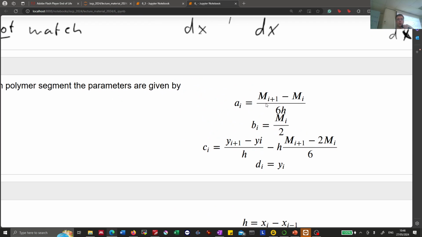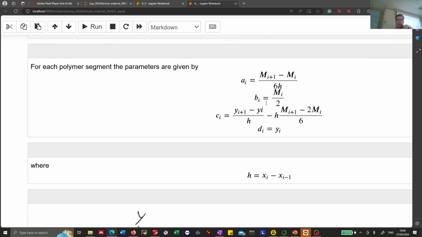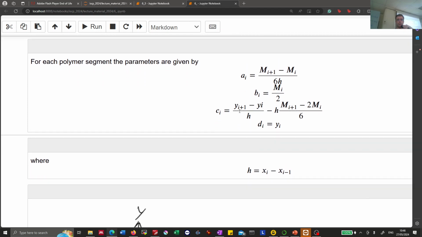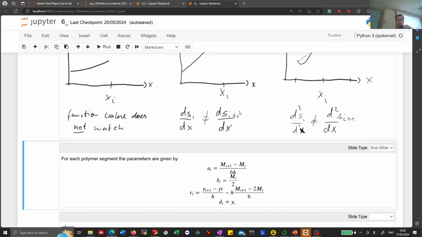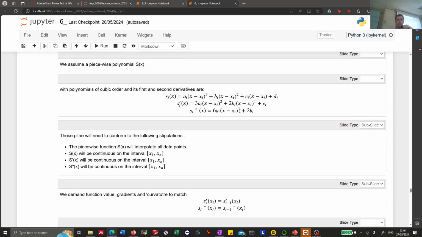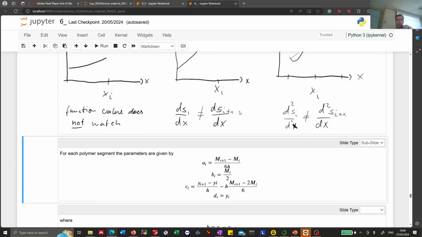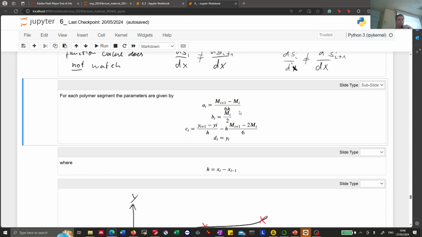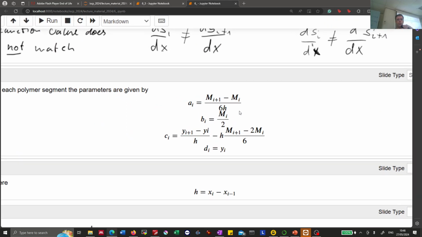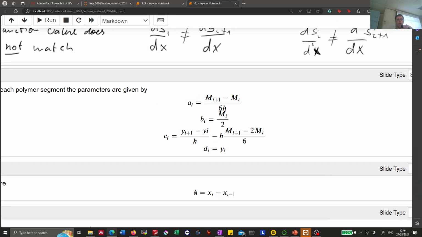Right. So we can actually show that the parameters of my piecewise defined polynomial are well defined through the measurement points M. H is the difference between interval spacing.